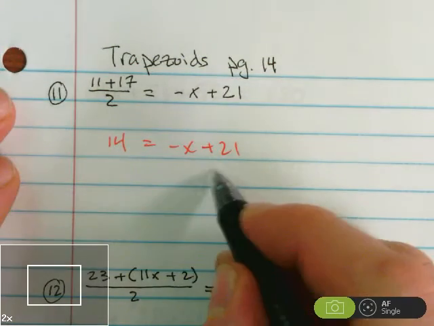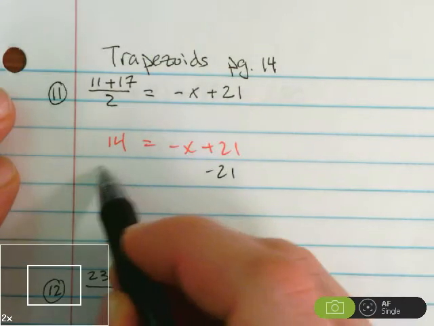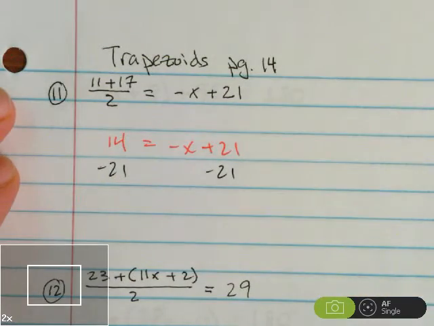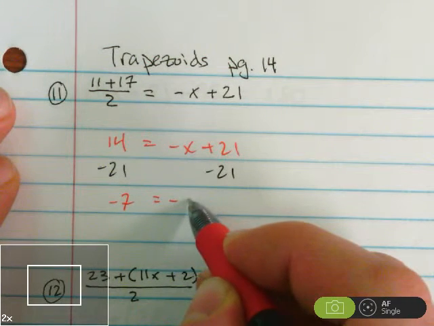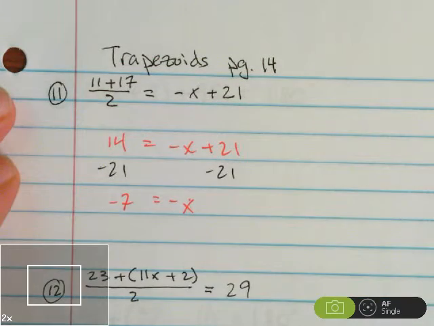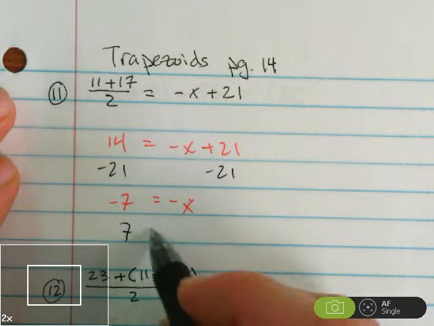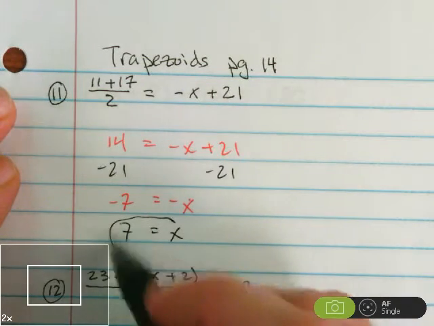So we're going to subtract 21 from both sides. 14 minus 21 is negative 7 equals negative x. And if negative 7 equals negative x, then positive 7 equals positive x, so x equals 7.